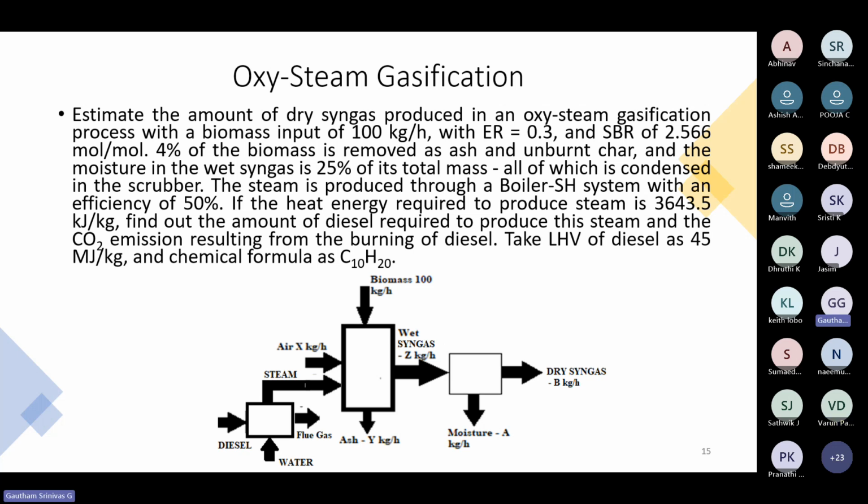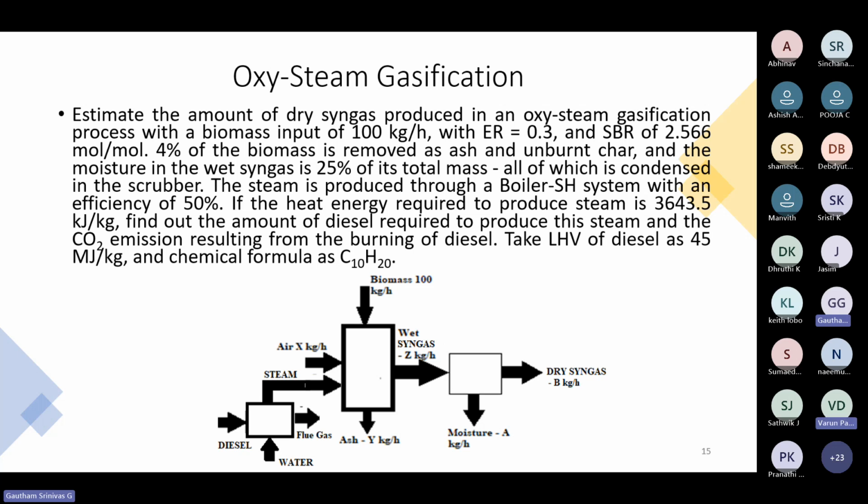Similarly, how do you calculate for the steam? Forget the boiler and superheater here, leave this for now, just focus on this stream. You have steam going into the system, and I have given you the SBR on a mole basis.